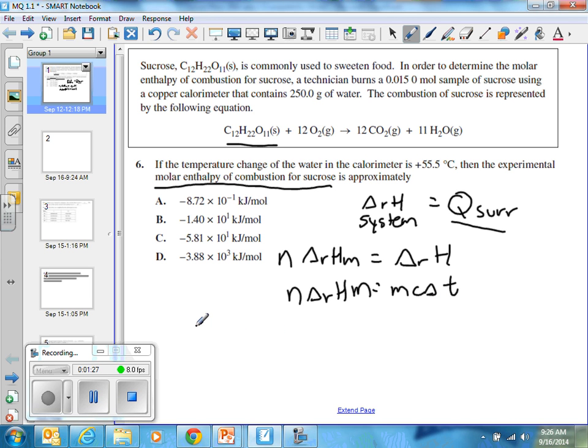So if I substitute in my values for the surroundings, the mass is going to be the mass of water.